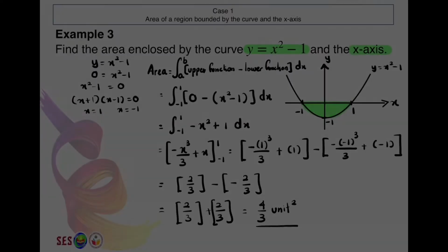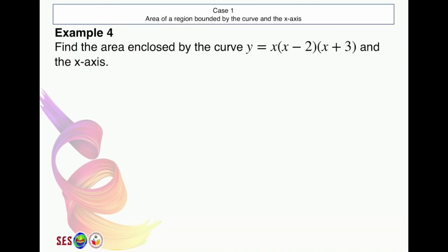In this example, we are required to find the area enclosed by the curve y and the x-axis. Given to you the function y, y is equals to (x minus 2)(x plus 3).